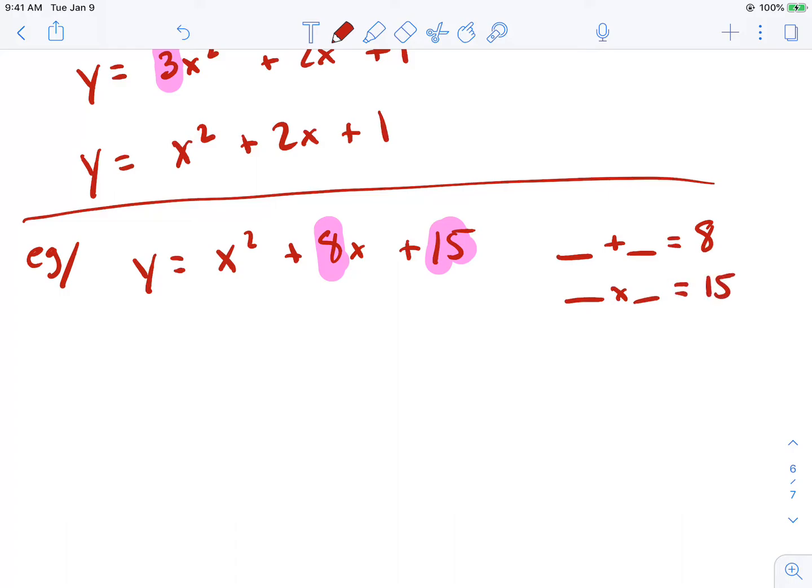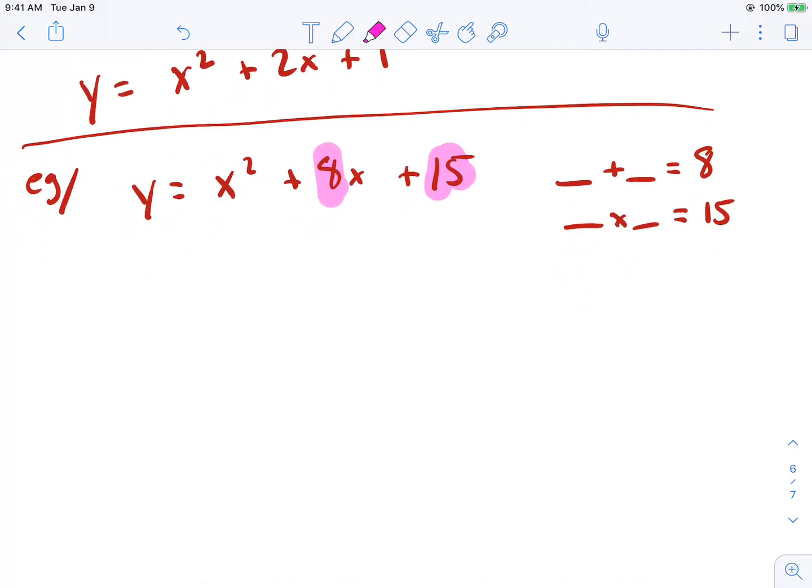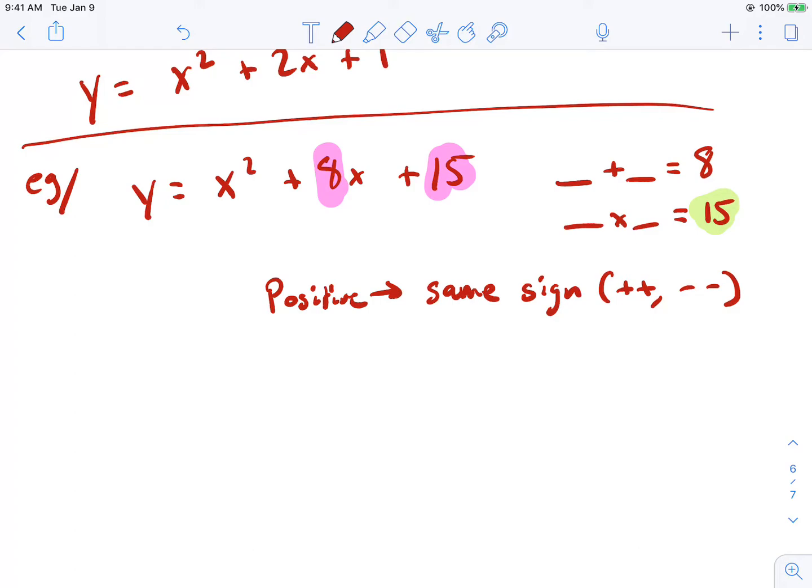Now, a lot of students find this process the hardest. Here are some tricks and tips that might make this easier. The very first thing I would do is look at the number that I'm multiplying to and say, is it positive or is it negative? Here it's positive. If this number is positive, both of our numbers are going to have the same sign, so we're going to have either positive and positive or negative and negative.